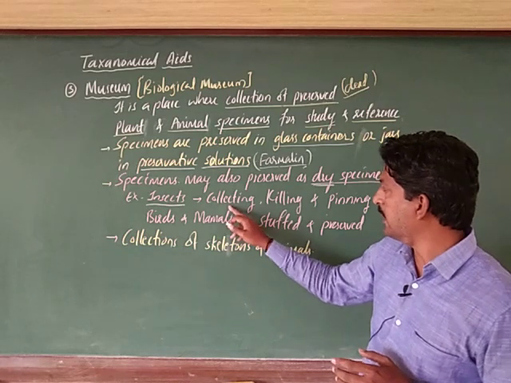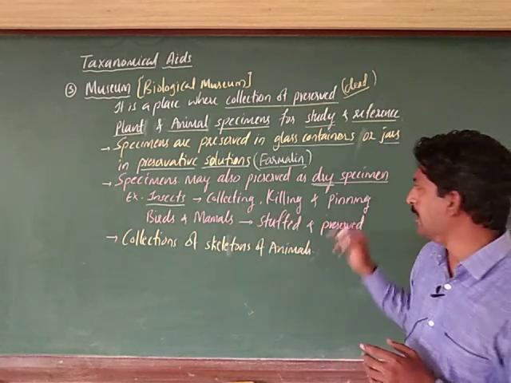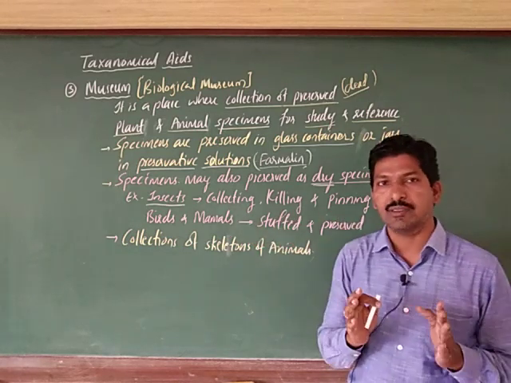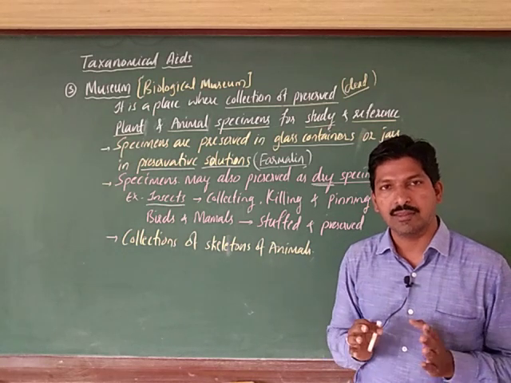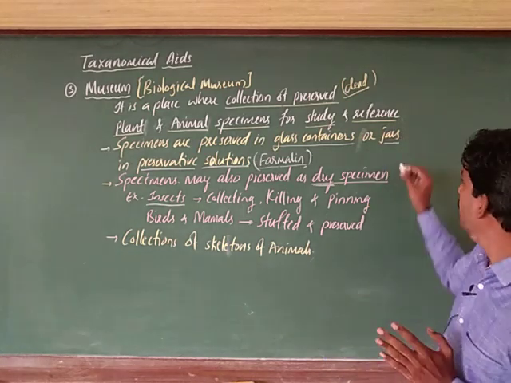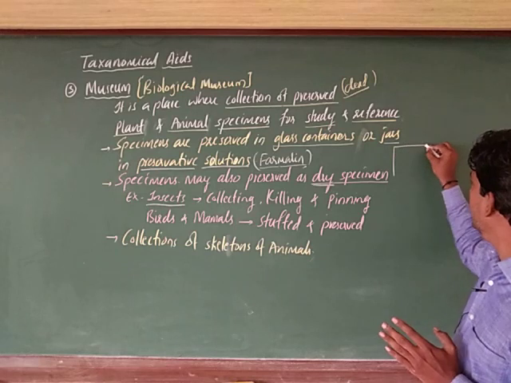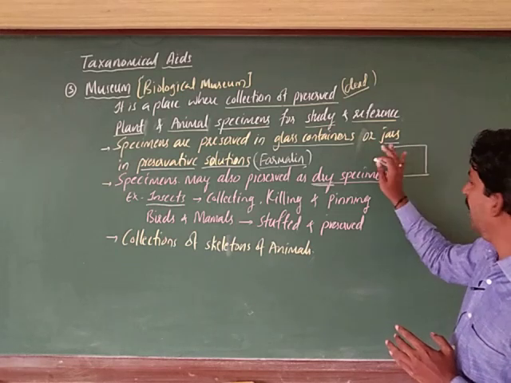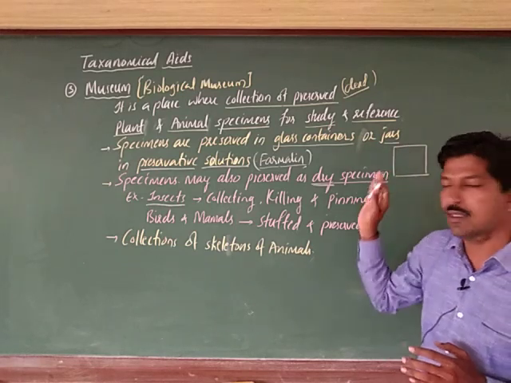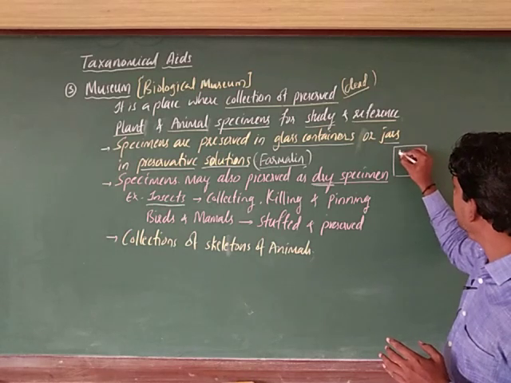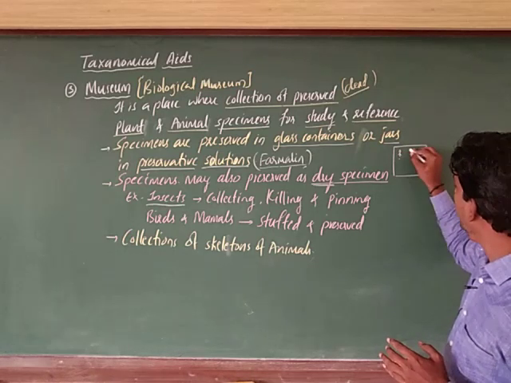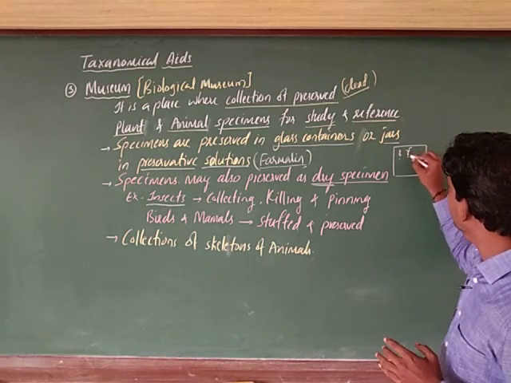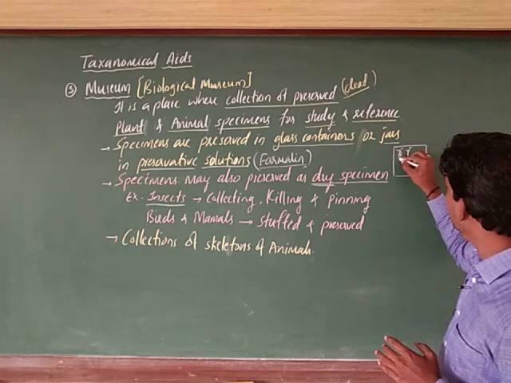So, first collecting, killing and pinning. You might have seen that in some museums a small board is made for that with glass above it, and the insects are stuck here. Insects are pinned here.